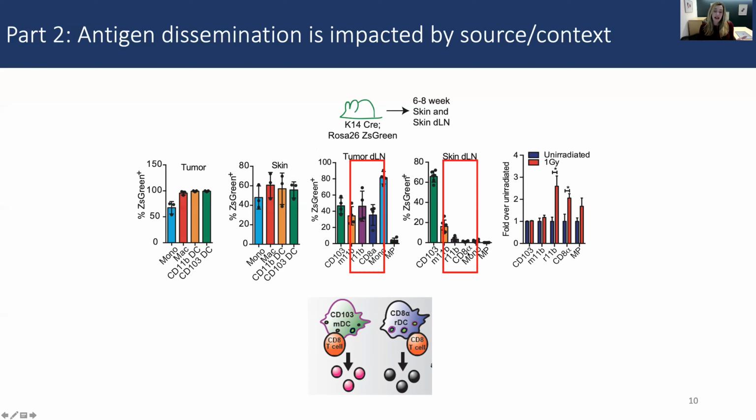Our hypothesis then is that in the case of these resident DCs, there's a potential for this resident CD8 alpha suboptimal priming event to be contributing to the maintenance of peripheral self-tolerance. So in the context of inflammation, the antigen passes to these tolerogenic priming DCs and may influence or at least reinforce peripheral self-tolerance in the context of tissue inflammation. And those are ongoing studies that we're currently diving into.